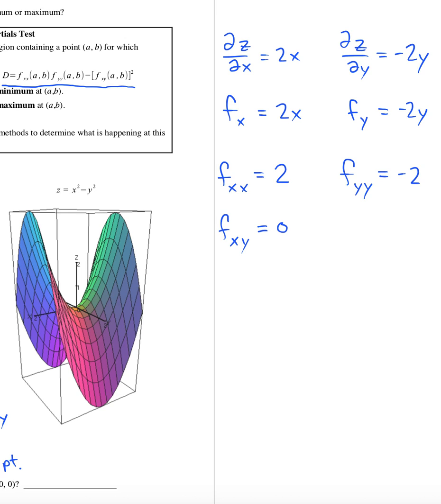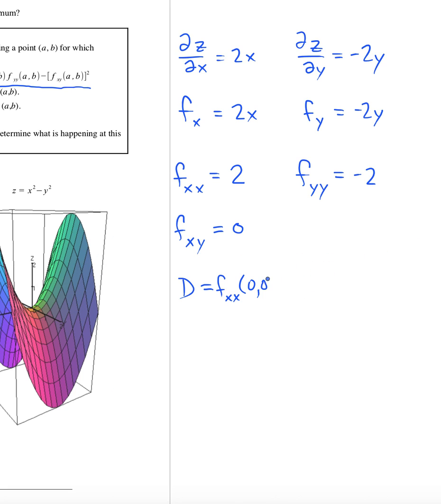Now, in order to do the test, we need to calculate this quantity d, which is a quantity made up of evaluating partial derivatives. So d is going to be fxx at the point (0, 0).